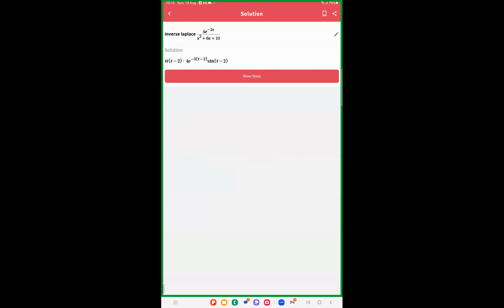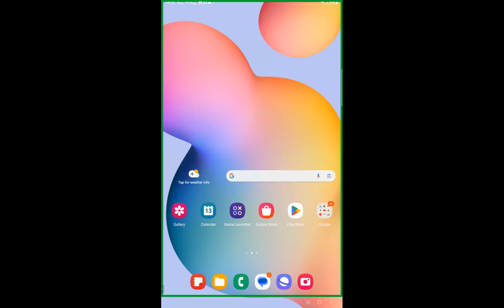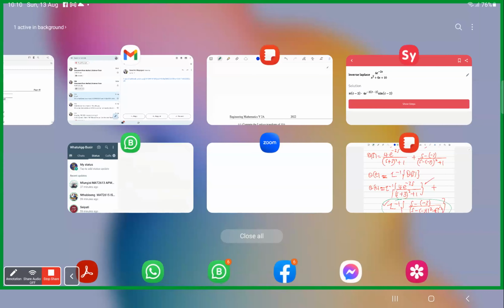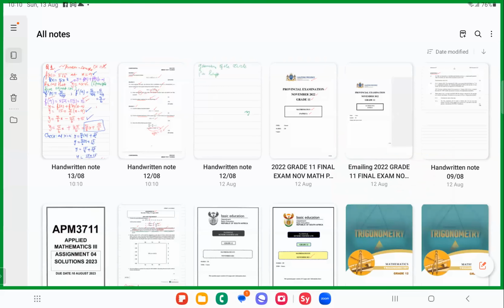Your screen might have rotated, but bear with me. I'm going to switch back. Right, so now, where am I now? Okay, just one sec. I'm right back to the other screen. Here, let me see.